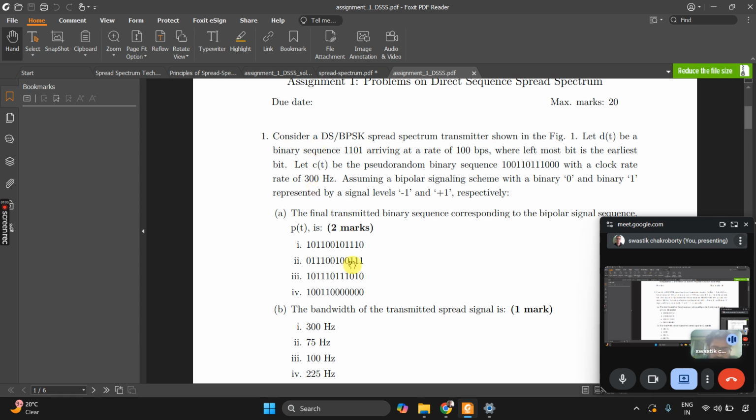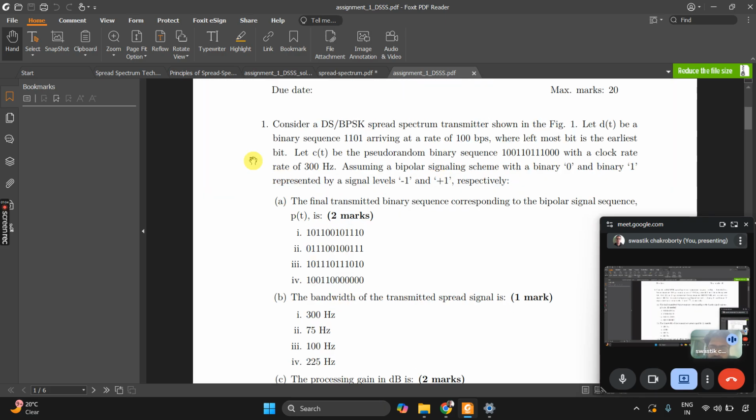So the bandwidth of the transmitted signal will simply be the bandwidth of the sequence that is being transmitted.